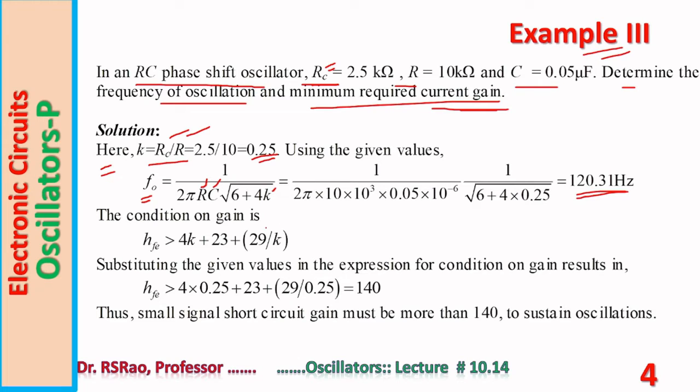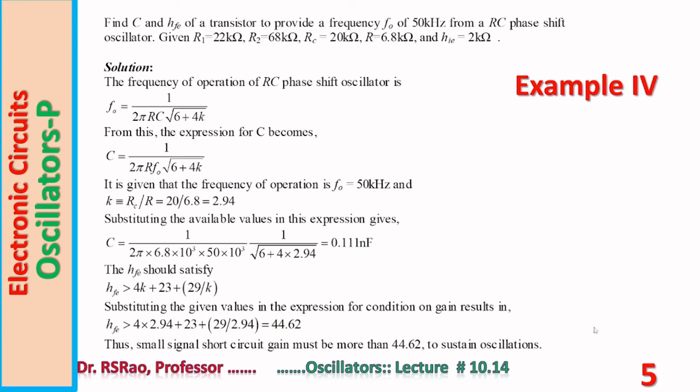The condition on the gain for oscillations is HFE should be more than 4K plus 23 plus 29 by K. Substituting the value of K, one can find HFE more than 140. So the small signal short circuit gain must be more than 140 to sustain oscillations.